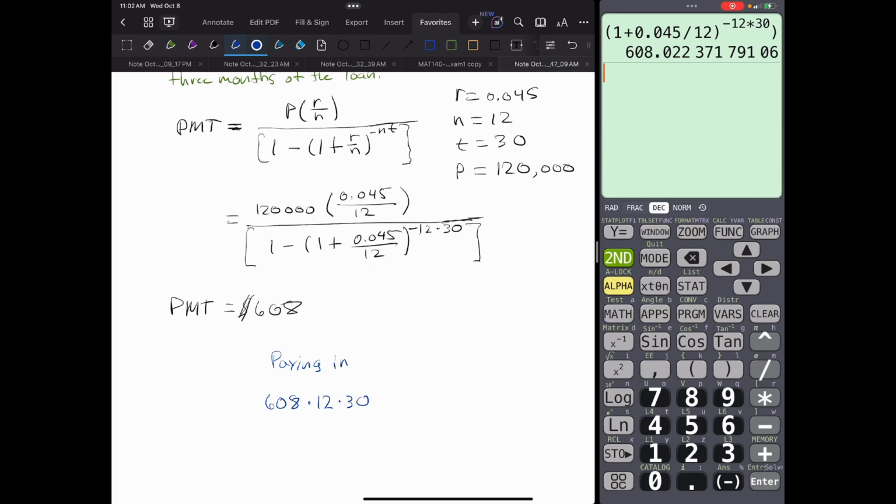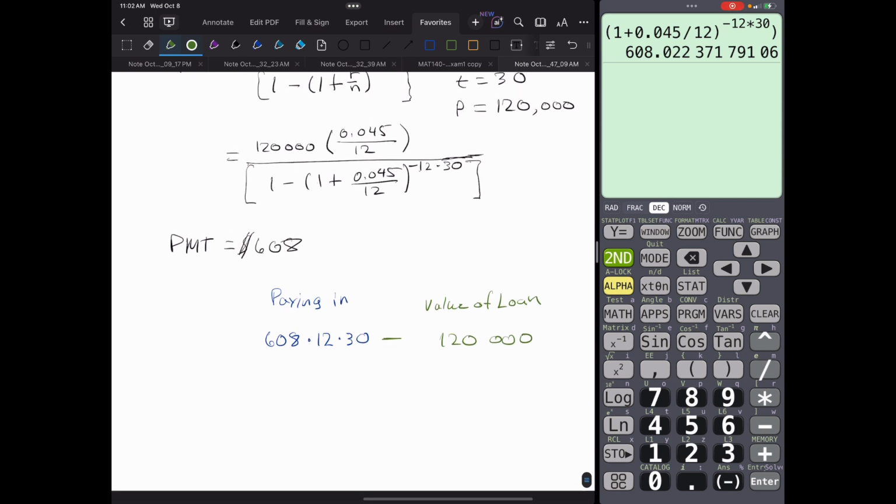And then from that, I want to subtract the value of the loan, which is $120,000. And so that will be the interest paid.